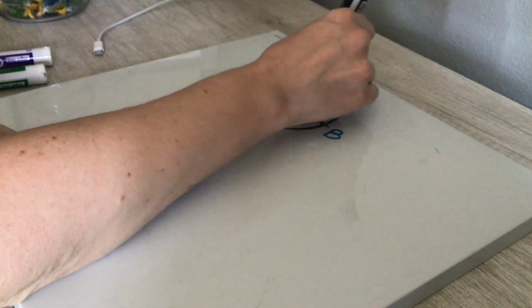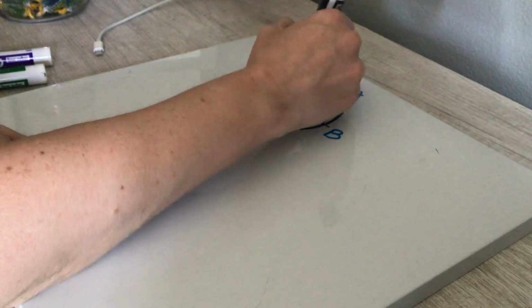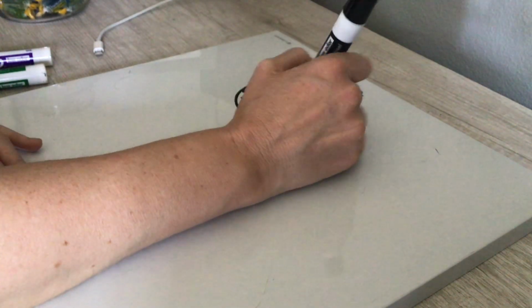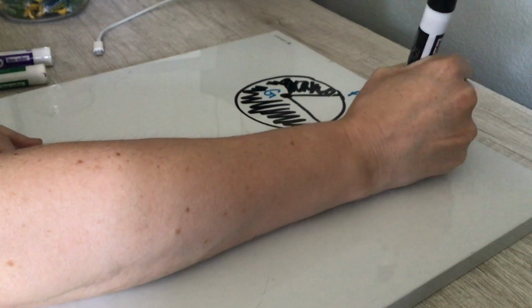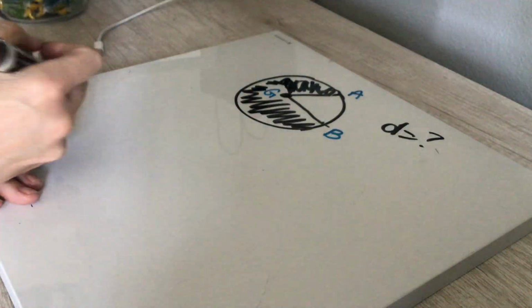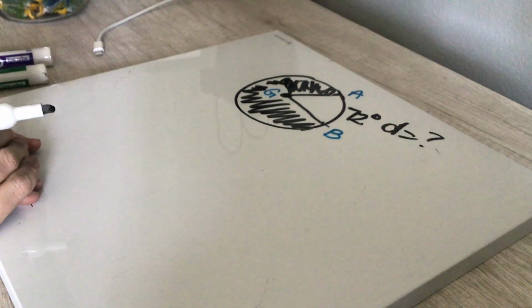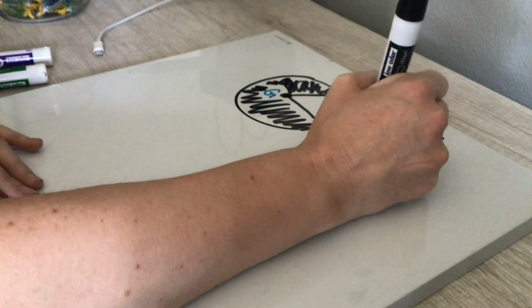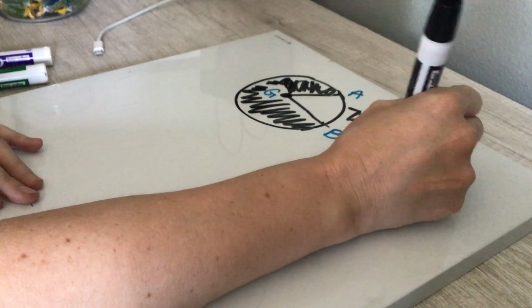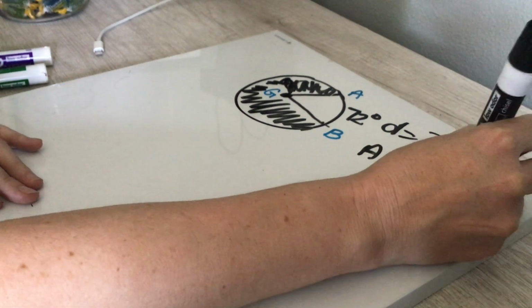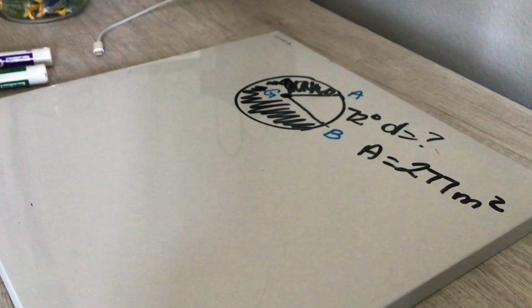We're going to use information about this to find the diameter of the circle. And this arc is 72 degrees. And the area of the shaded region is 277 meters squared.